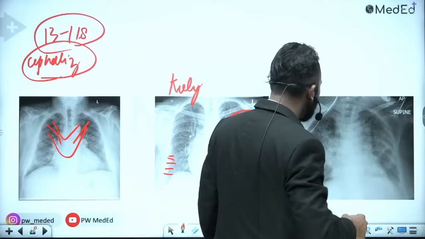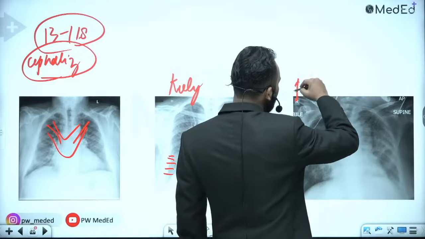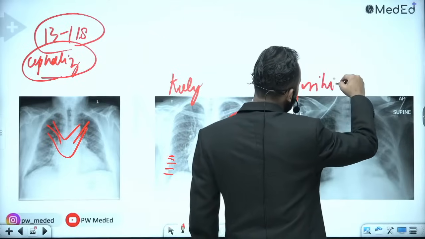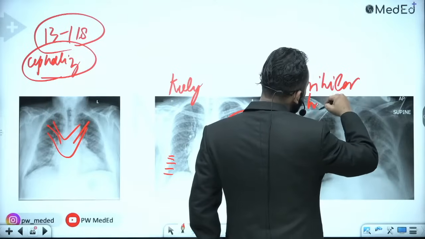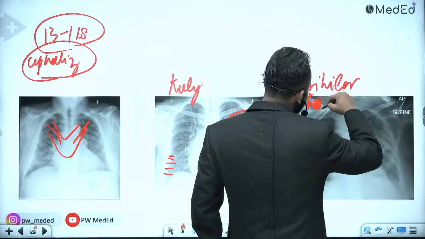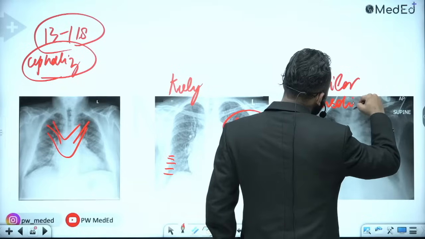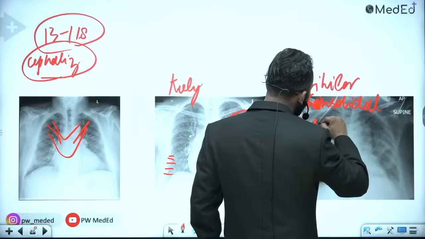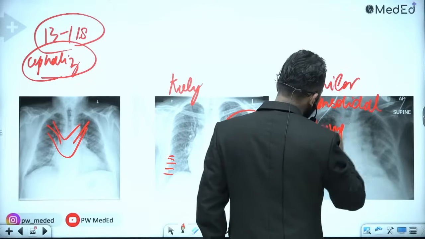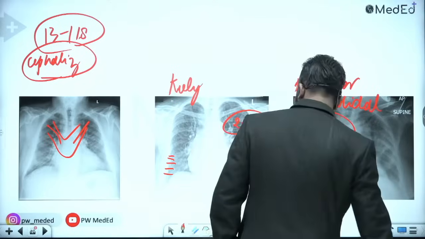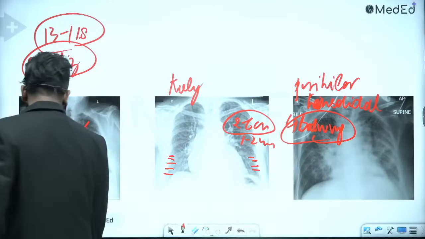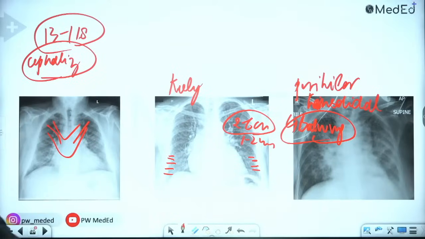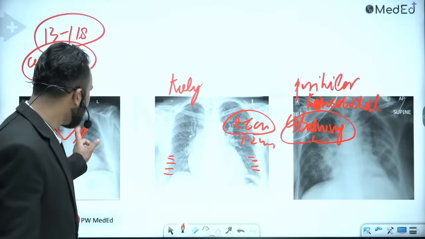So you will see multiple bilateral perihilar consolidations, and these give a bat wing appearance. So bat wing appearance will be seen in congestive heart failure.